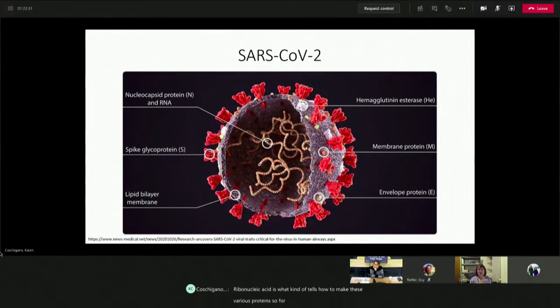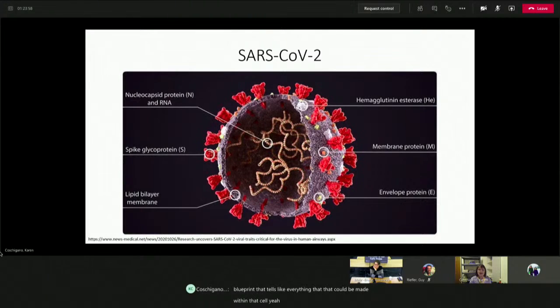For instance, we have RNA in us, and we also have DNA. The blueprint within all of our cells is what we call DNA, in human cells. That DNA, deoxyribonucleic acid, is like a blueprint that tells everything that could be made within that cell.